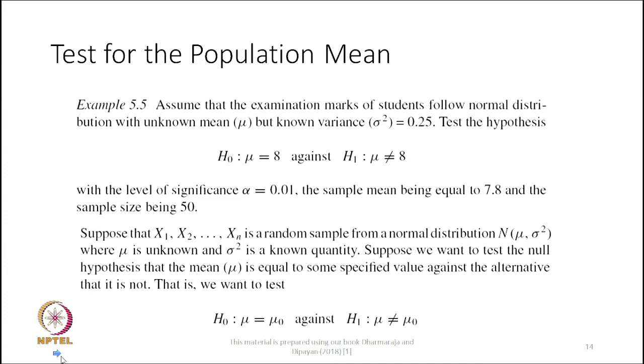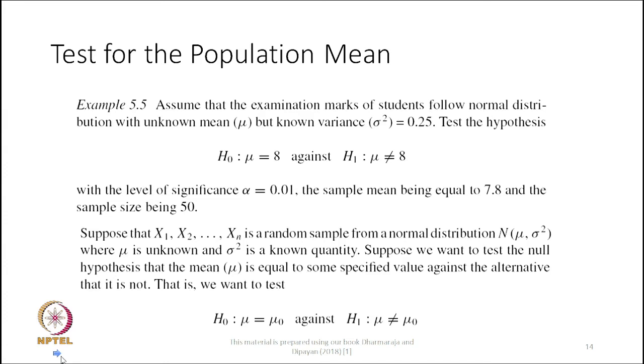Now we are coming to the easiest, very first testing of hypothesis regarding the population mean. In this we start with the population following a normal distribution with the mean mu and the variance sigma square.